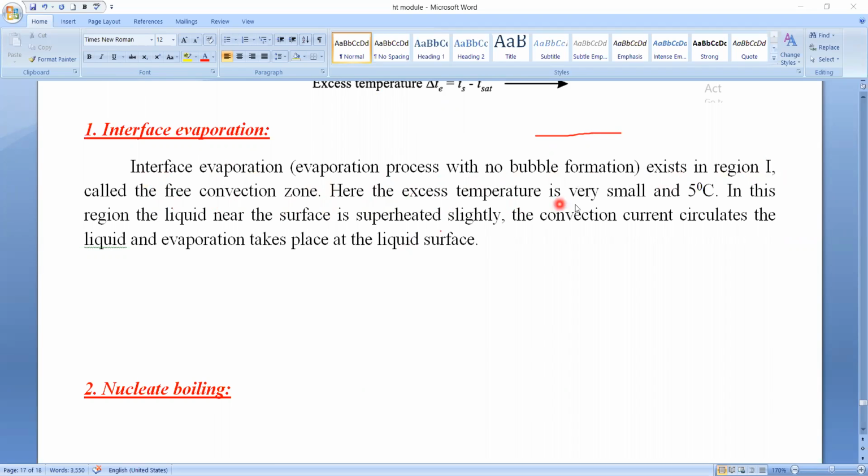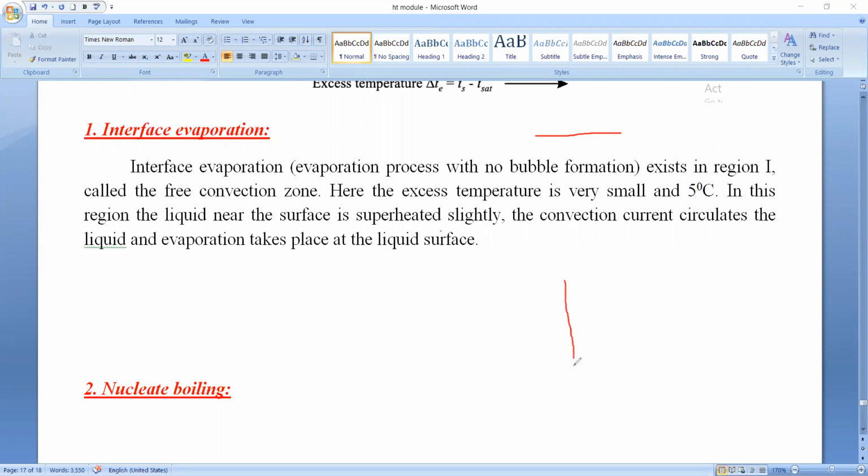Here the excess temperature is very small, approximately equal to 5 degrees centigrade. In this region, the liquid near the surface is slightly superheated, the convection current circulates the liquid, and the evaporation takes place at the liquid surface. The first regime is called interface evaporation.